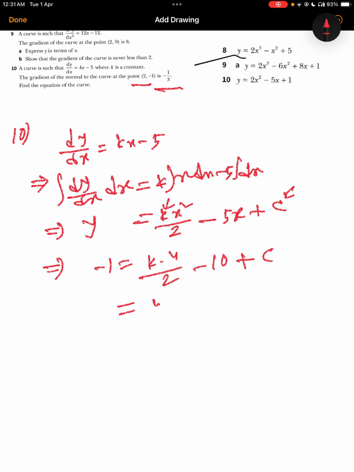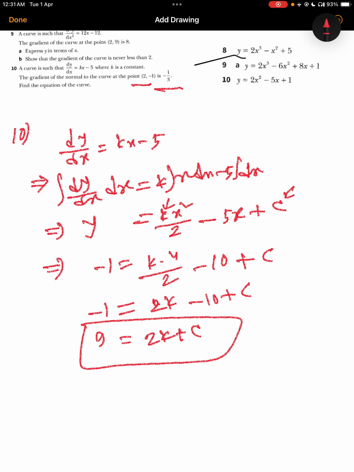So 2k - 10 + c = -1. So here is 2k + c = 9, the first equation. Okay, I'm taking it as an equation.